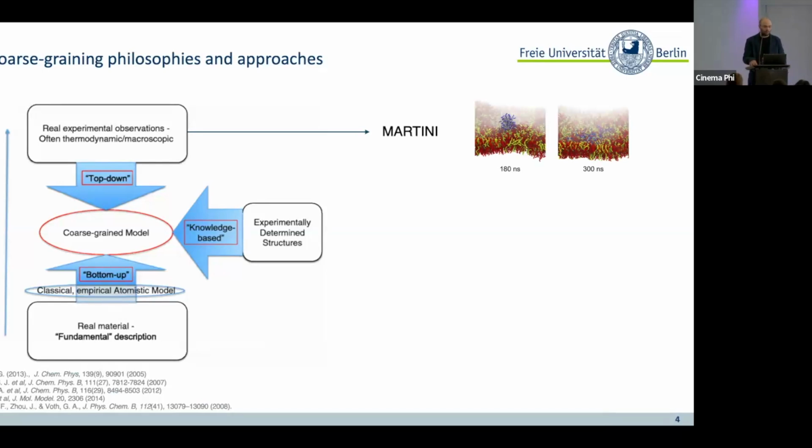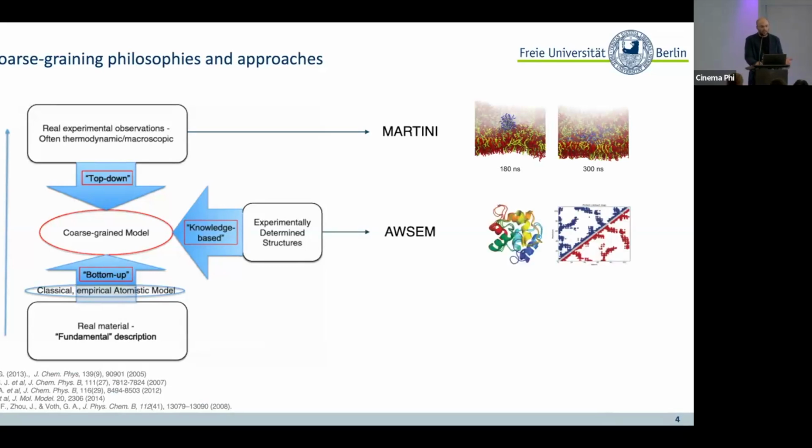This is the case, for example, for the Martini force field that is widely used in molecular dynamics simulation. There's also another approach that is the so-called knowledge-based approach. It works pretty well when you already, for example, know the folded structure of your protein and you want to explore some neighborhood of the folded state. So you insert inside your model some important structure that you already have.